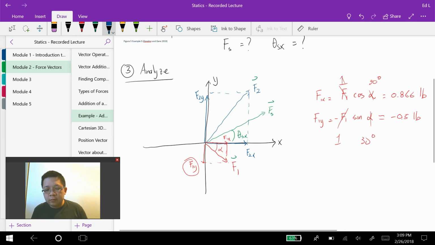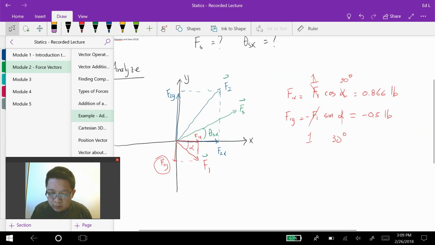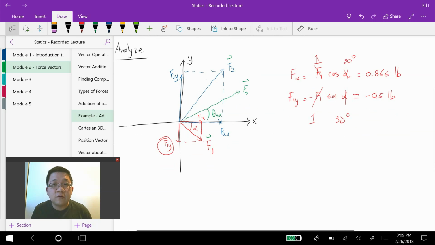So in blue we are going to calculate the Cartesian components of force vector F2. In the problem it's given that this is beta, right? So F2x is F2 cosine beta, F2y is F2 sine beta.